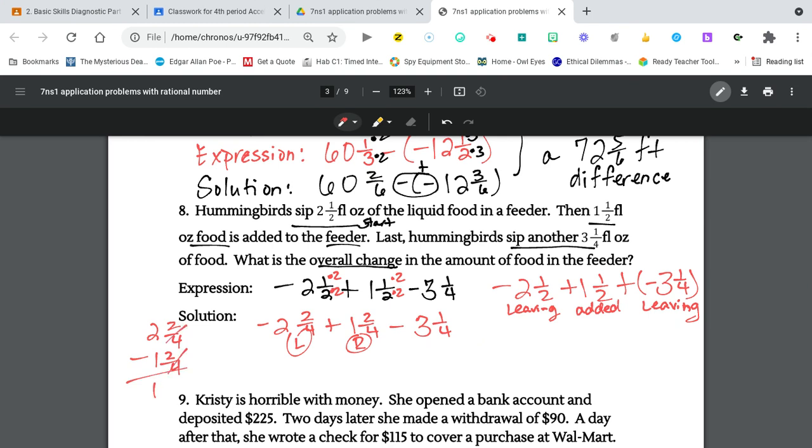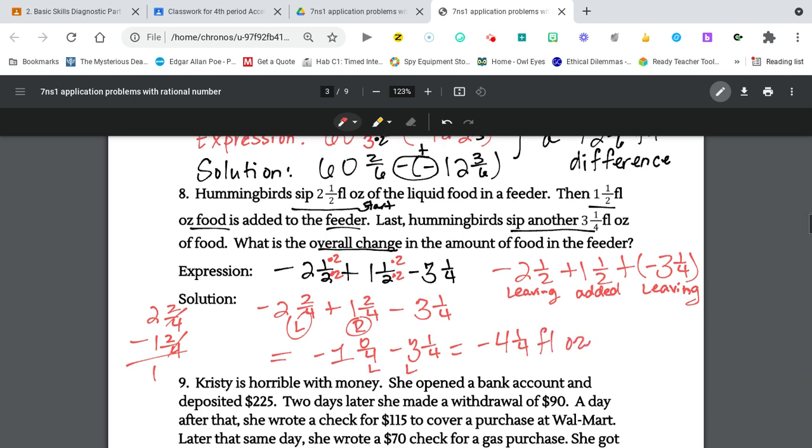I basically end up with 1, and it's more to the left. So this equals -1 and no fourths minus 3 and 1/4. Well, they both go to the left. So I just add. And I get -4 and 1/4 fluid ounces.